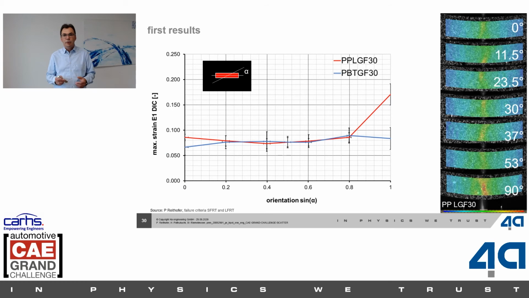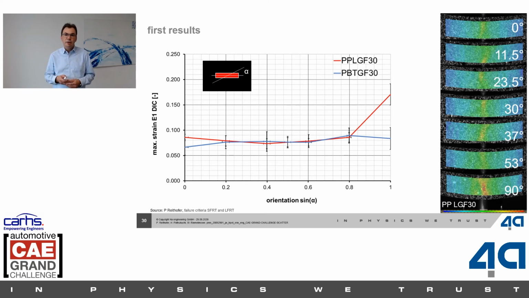And here you can see first results, quite interesting, for 2 different types of fiber reinforced materials. One long glass fiber polypropylene and one short glass fiber polybutylene terephthalate. We varied the orientation of the cut-out sample, all in the same position, and you can see over the orientation of the sample, for the same loading conditions, we get a difference in the maximum strain measured, mainly quite constant over the region from 0 to 50 degrees.